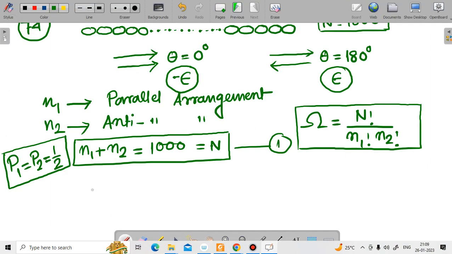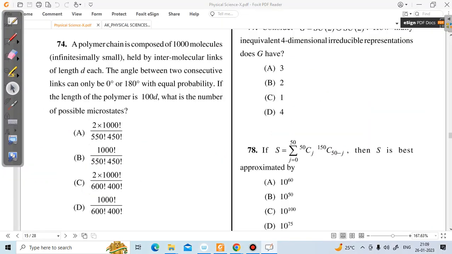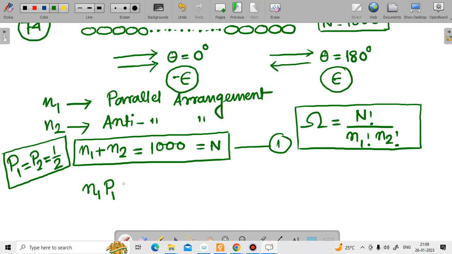The length of the polymer is nothing but the number of parallel links multiplied by the probability of finding each parallel arrangement, multiplied by d, because d is the length of each chain, and plus n2.